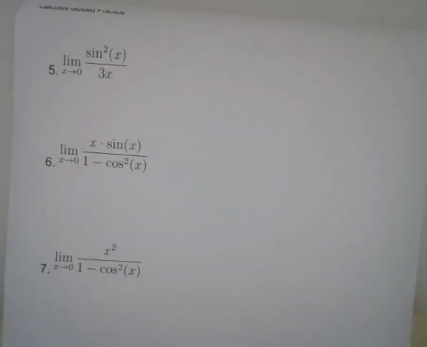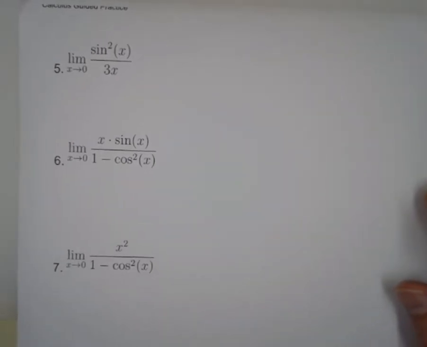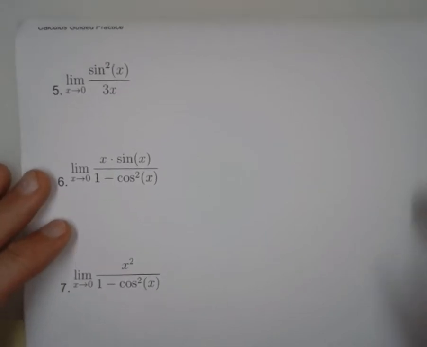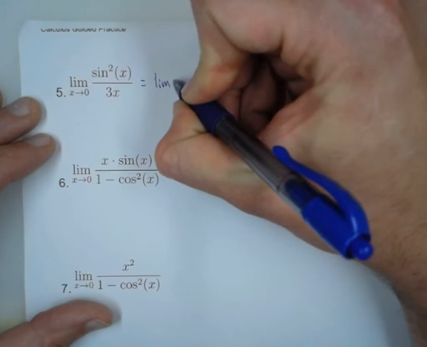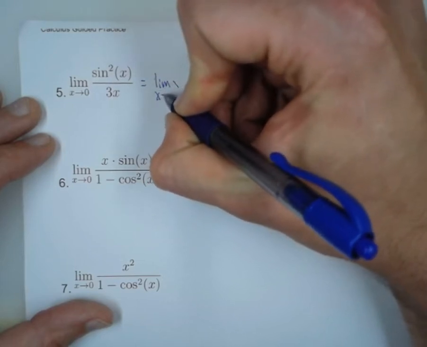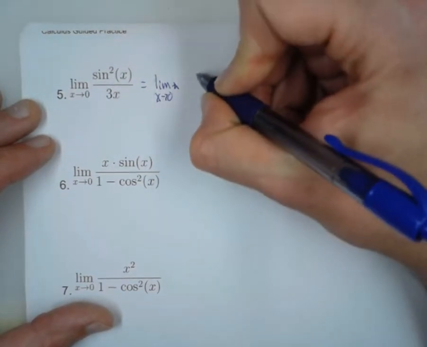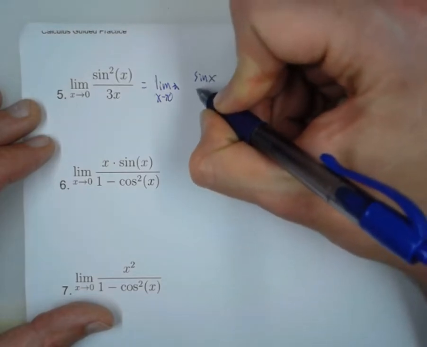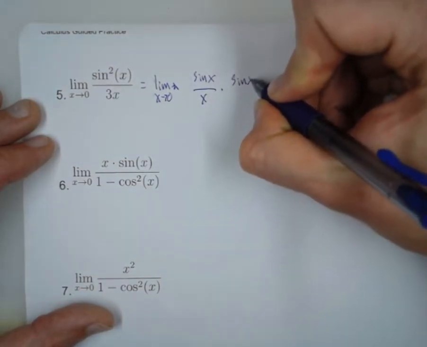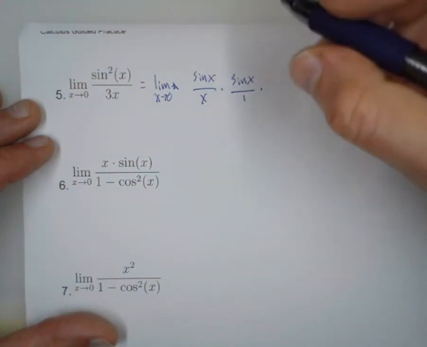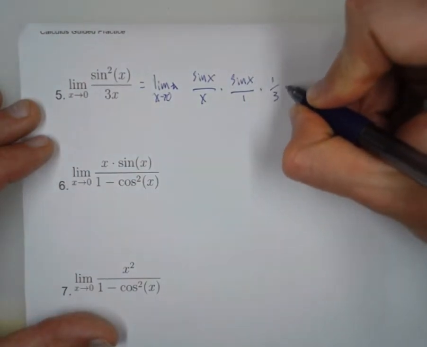On the next page, we have sine squared of x all over 3x. So how do we break this up? All right, here's how. Limit as x approaches 0. And so I'm going to have sine of x over x times sine of x over 1 times 1/3.